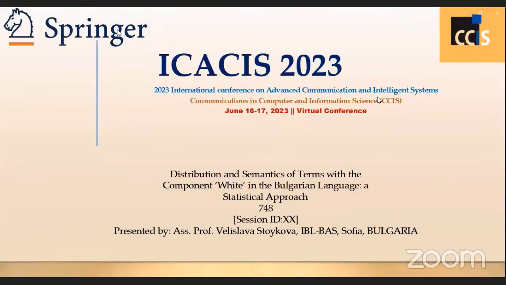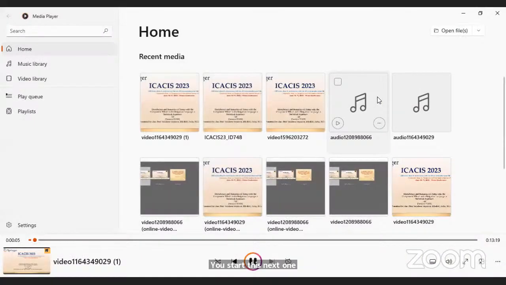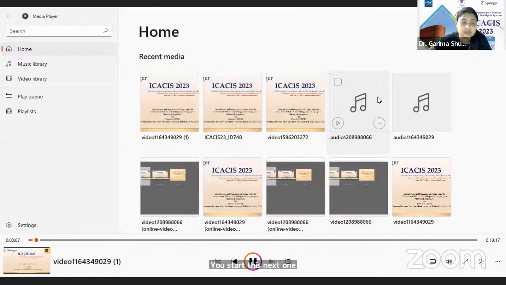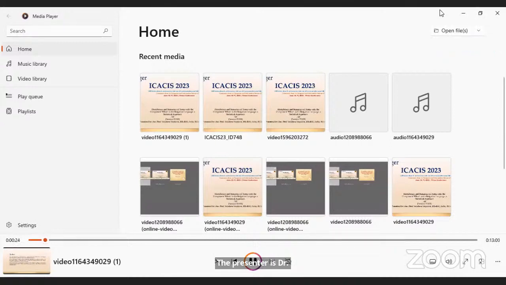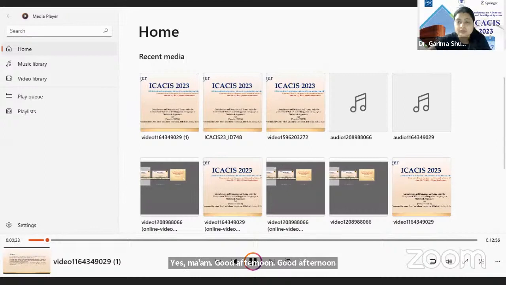You start this next one. Now, the next presentation is paper ID 873. The paper title is Information Technology and FinTech Innovation and its Effect on Indian Financial Services. The presenter is Dr. Deepa Chauhan. Good afternoon, everyone.